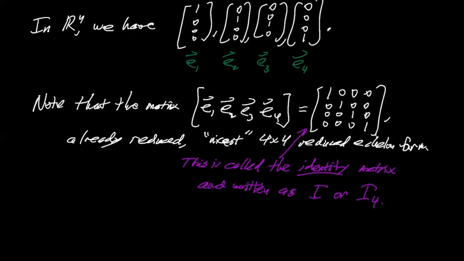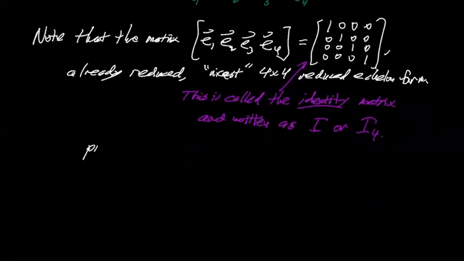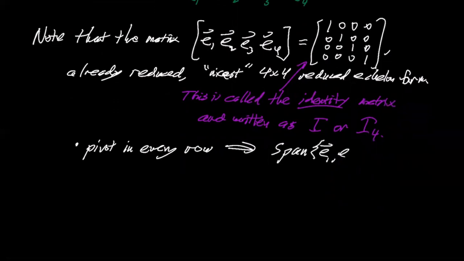Another reason this is so nice is it tells you something about these 4 vectors. The fact that there's a pivot in every row means that these vectors span all of R4. It's kind of obvious, right? We can write every vector in terms of these, so it spans the whole space.